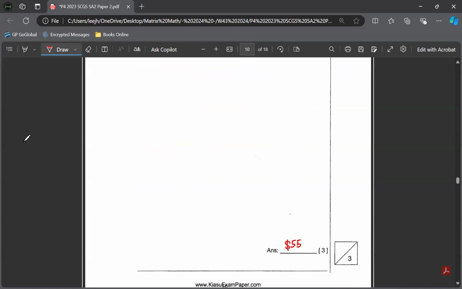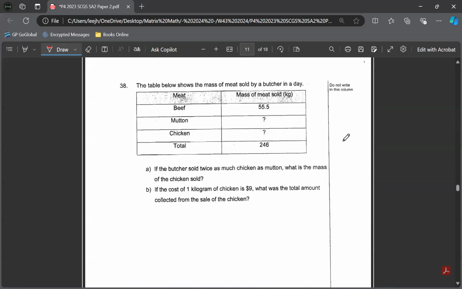Okay. All right. So the next one, question 38. 38 says the table below shows the mass of meat sold by the butcher in a day. So you have all these readings here. Got beef, mutton, and chicken. If the butcher sold twice as much chicken as mutton, what is the mass of the chicken sold? So A, you need to draw model. You know beef is 55.5.